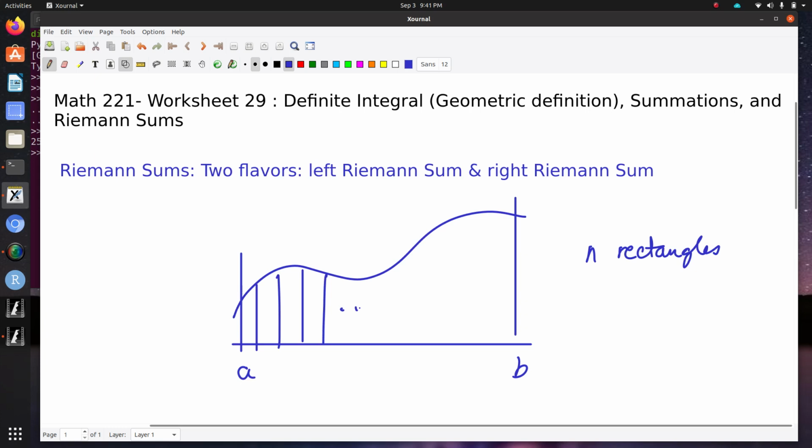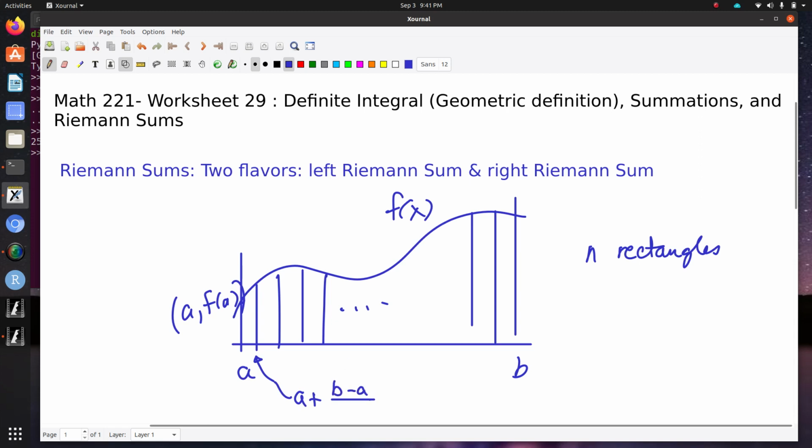So we need to figure out how to actually address these guys. If this is f of x, this is going to be f of a over here. So this point is a, comma f of a. But what is the very next one going to be? Well, it's going to be a plus the width of the interval, which is b minus a, divided by n, right?